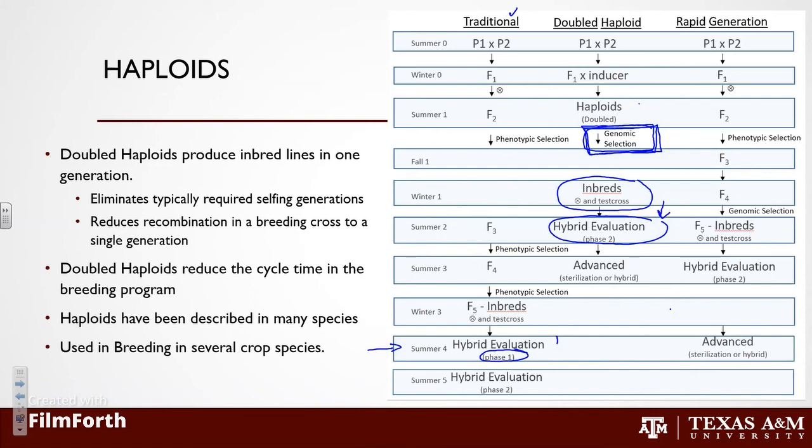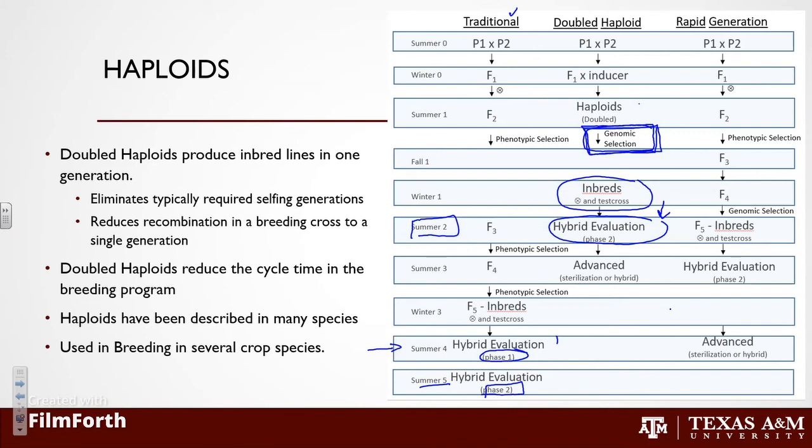So not only are we going 2 years faster here, if you'll note, to get to phase 2 hybrid evaluation, we're going 3 years faster when you combine haploids and genomic selection.